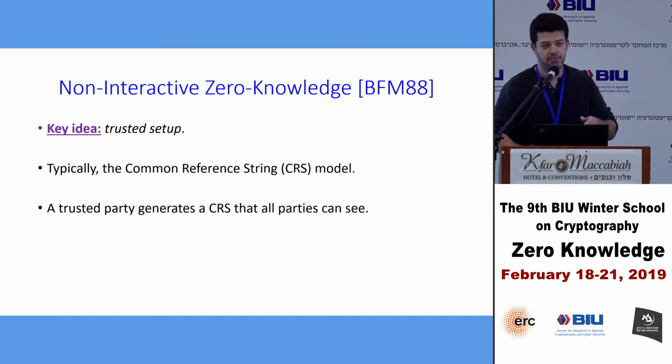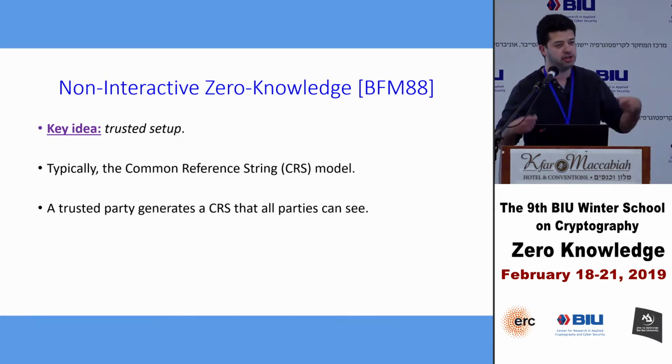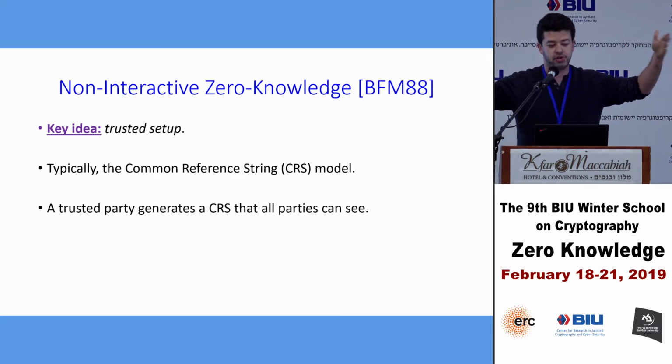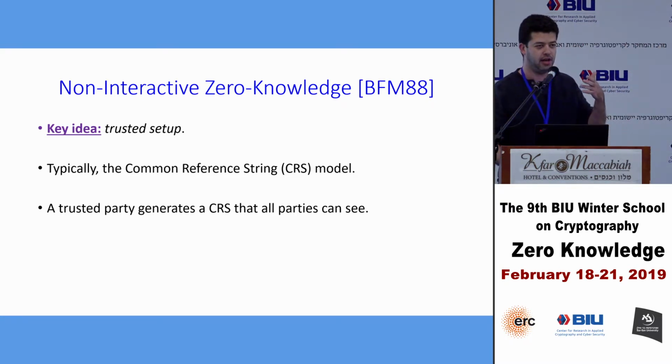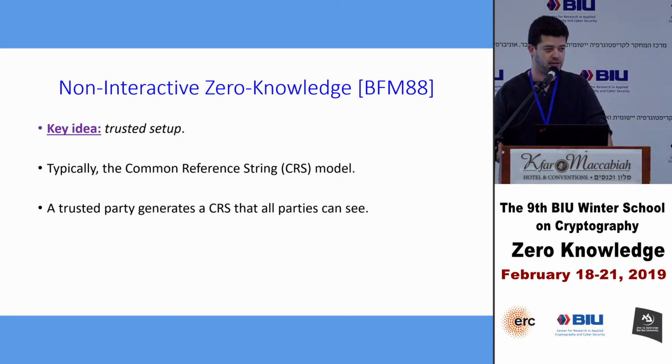The idea is that before all the interaction starts, some trusted party comes along and generates some string from some distribution. This string, typically called the CRS, or common reference string, is visible to all parties. The trusted party generated it first, now it's visible both to the verifier and to the prover, and the interaction can use it.